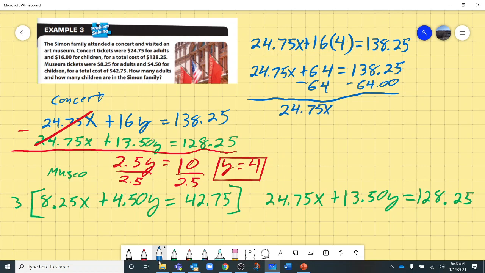And that gives us 24.75x equals 138.25 minus 64, 74.25. Divide both sides by 24.75.